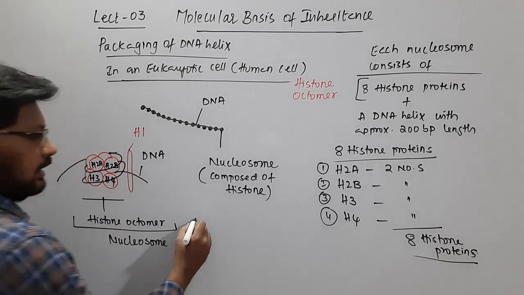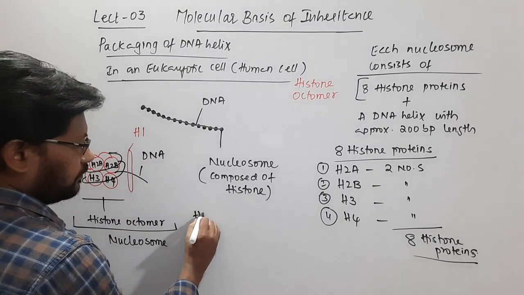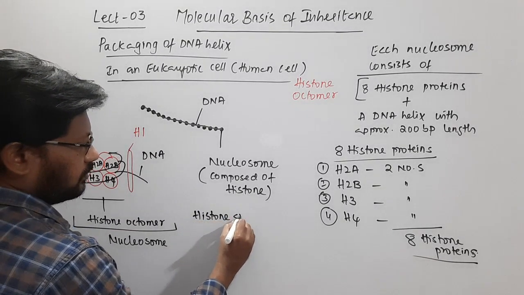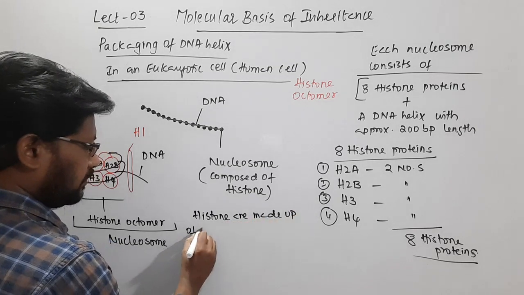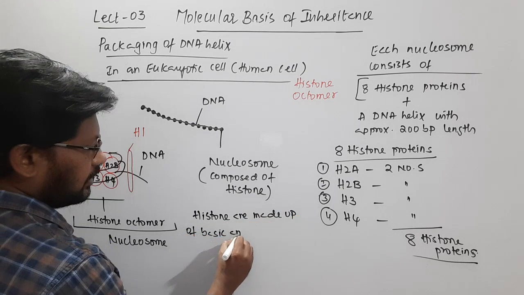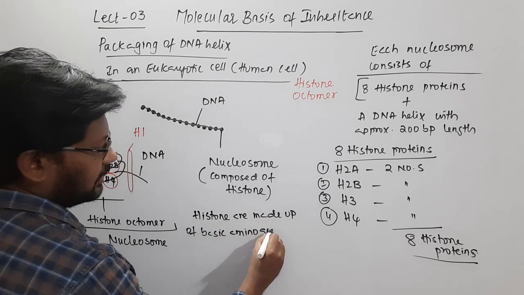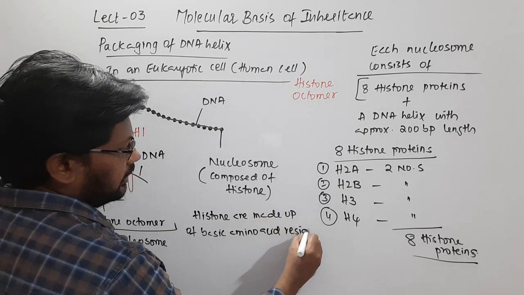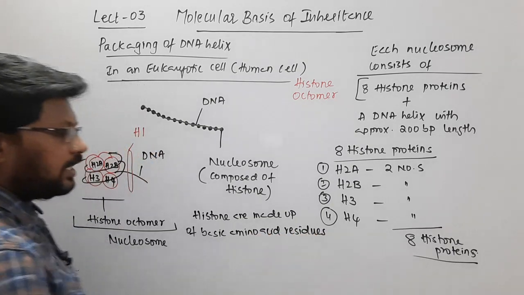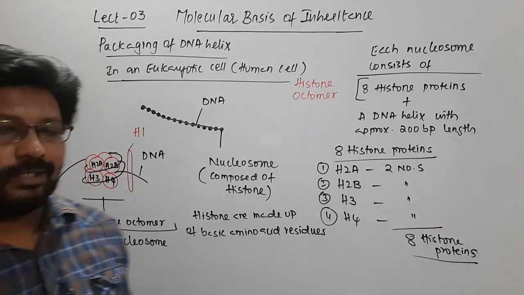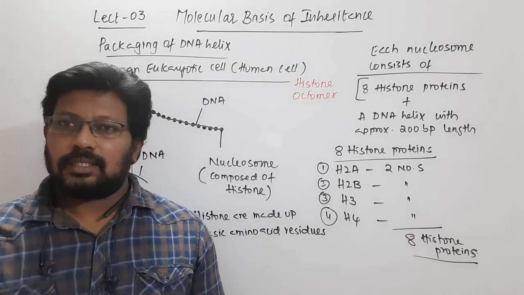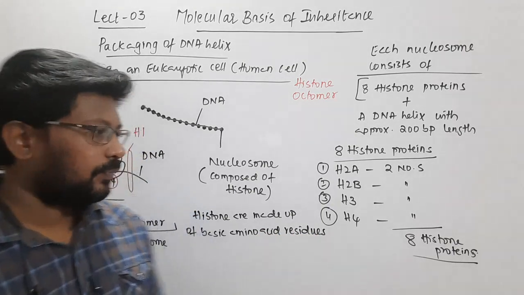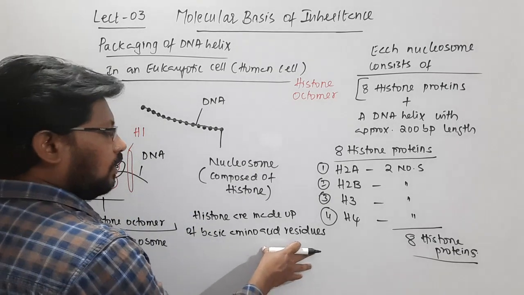And these histones are made up of basic amino acid residues. We know already that a protein is composed of amino acids that are arranged in a particular order.